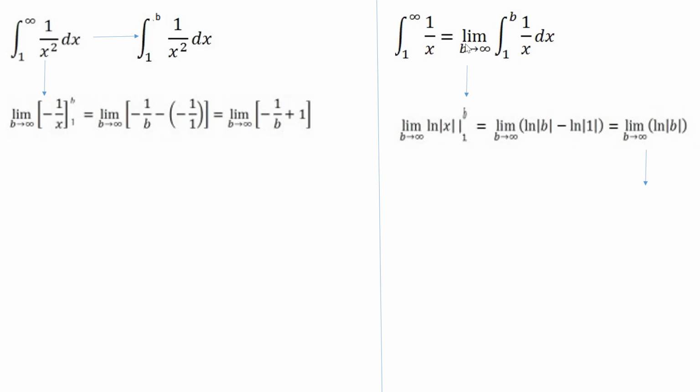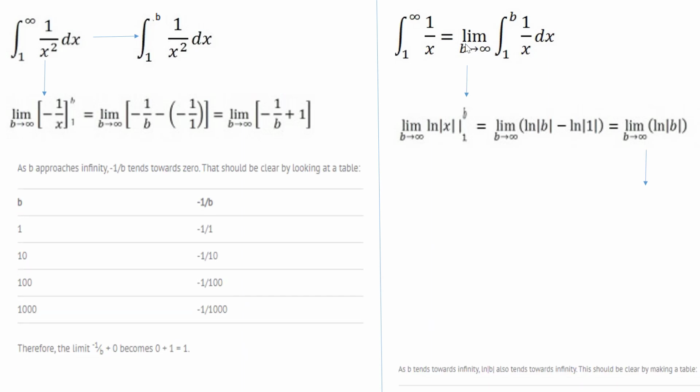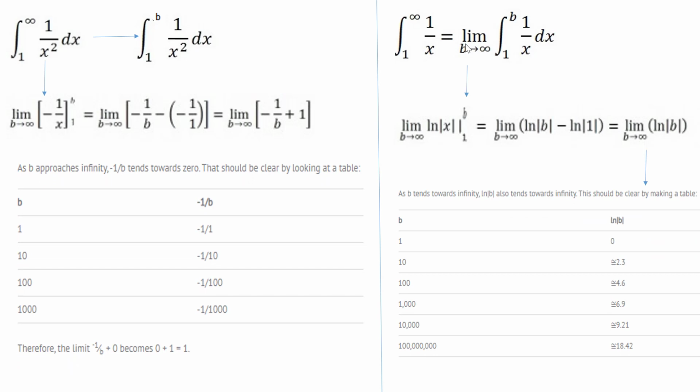When b tends to infinity, I can use the table to see the behavior of ln b as b tends to infinity. It goes to infinity. So this one is an infinite integral. But the left-hand side one goes to 1.